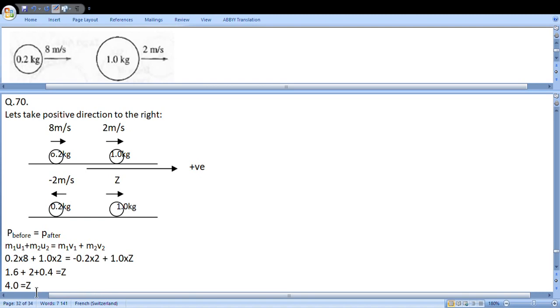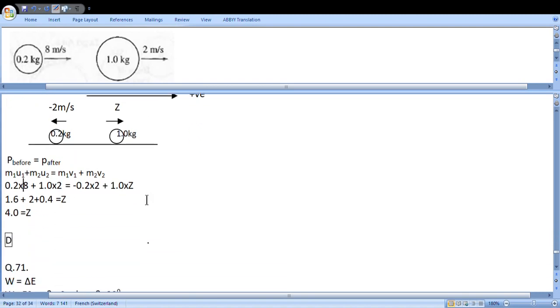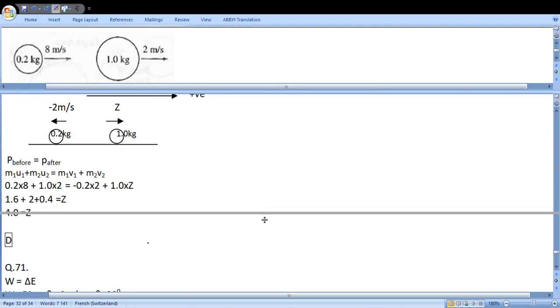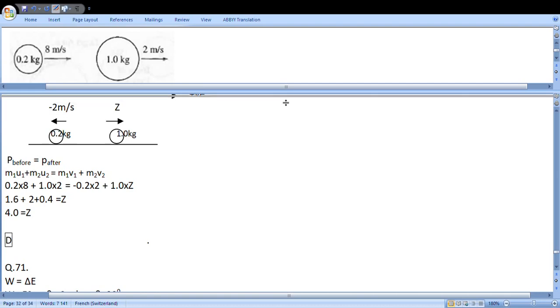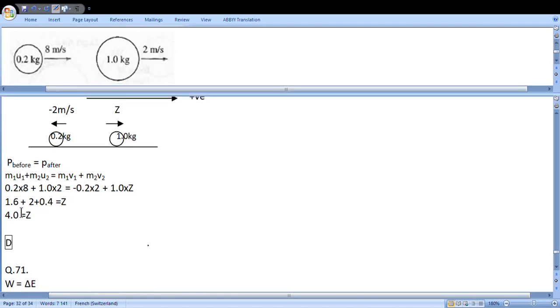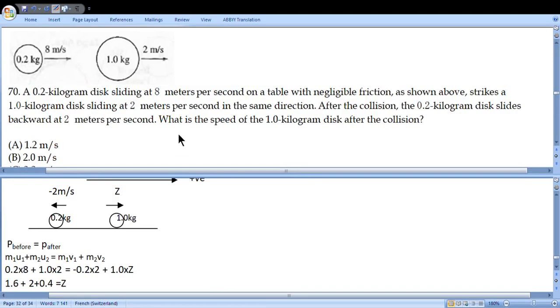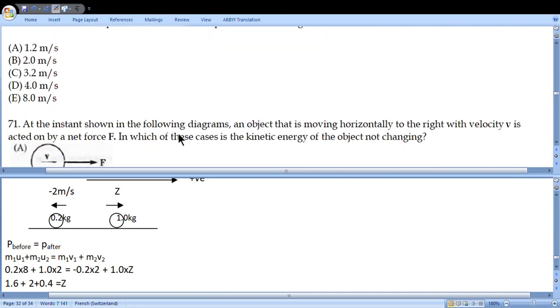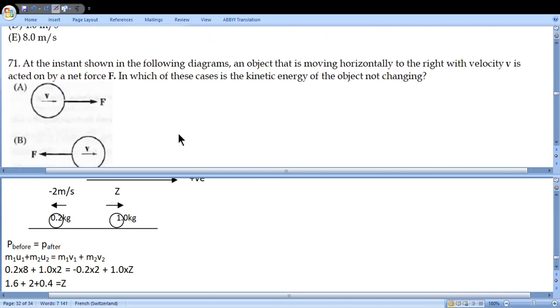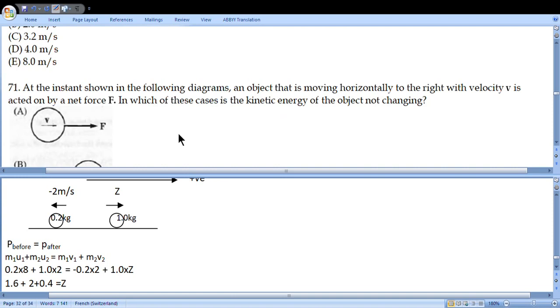As a result we get z equals 4. So if you substitute everything correctly, we get 2 and 2, so 4, so it is 4, right. That was 70, we go to 71.